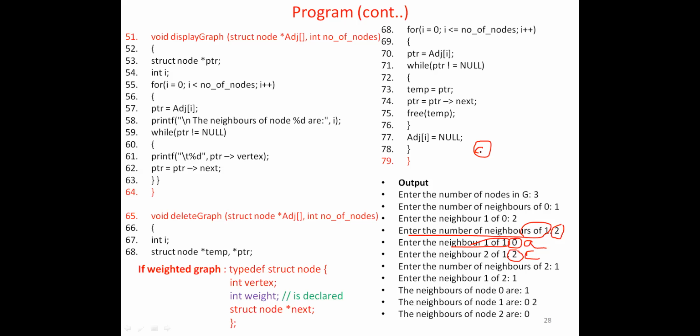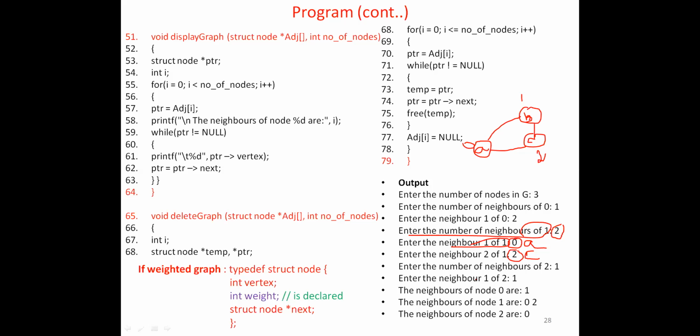For easier understanding, we can say we have 3 nodes A, B and C, so this is 0, 1, 2. For the first vertex, 0 is connected to 2, nothing but this one. Then the neighbors of 1 are 0 and 2, so both are neighbors.